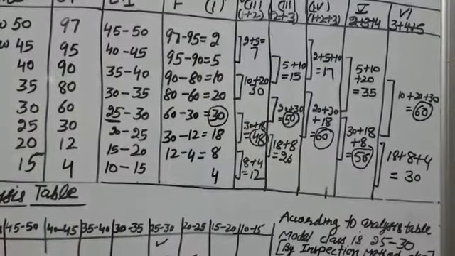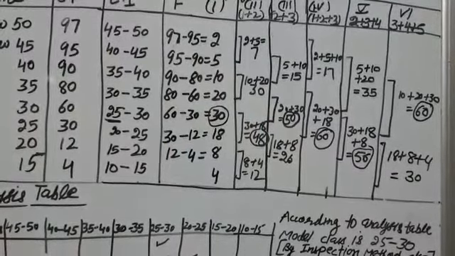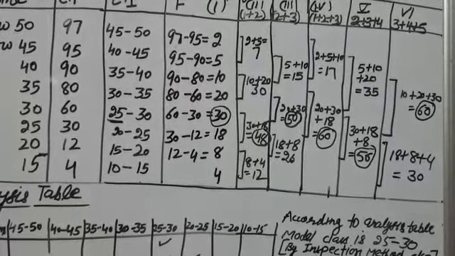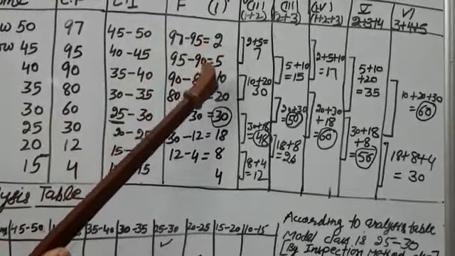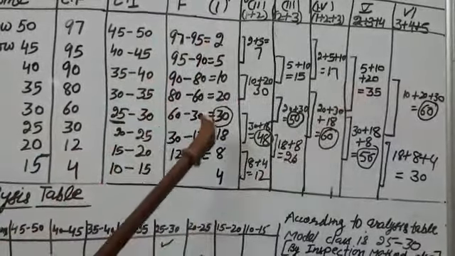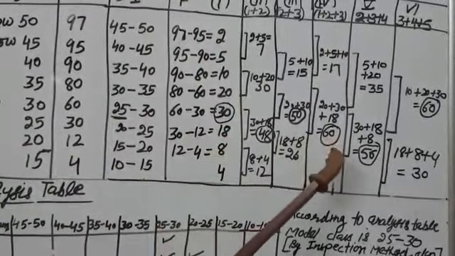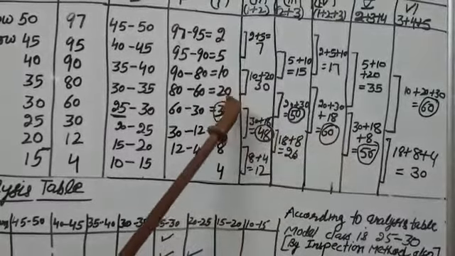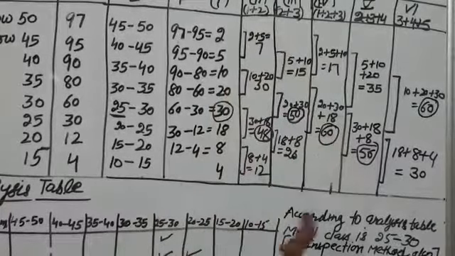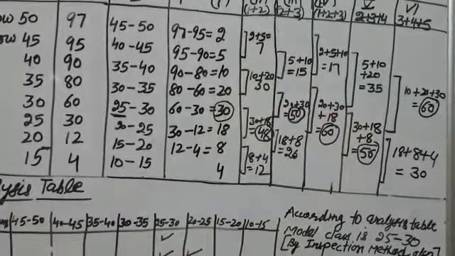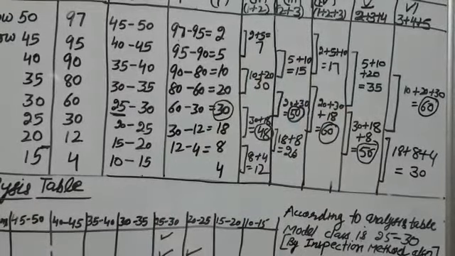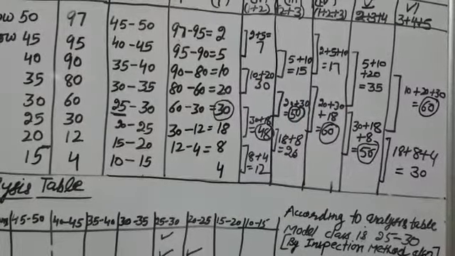Next is 1 plus 2 plus 3 in column 4. So we will add up the first three frequencies, that is 2 plus 5 plus 10 is equal to 17. Then 20 plus 30 plus 18 is equal to 68. So we will encircle it here, which is the highest value.